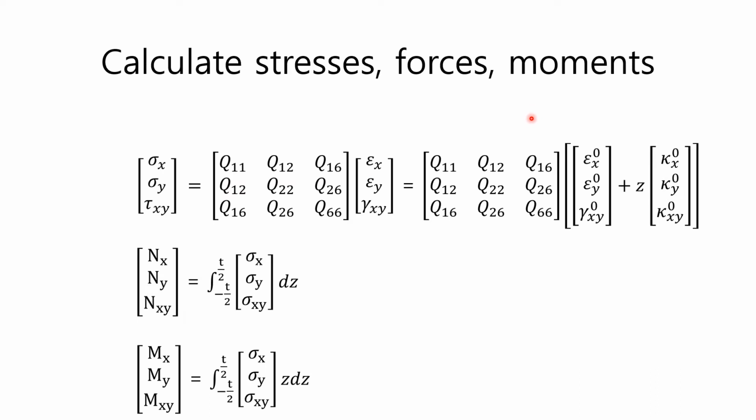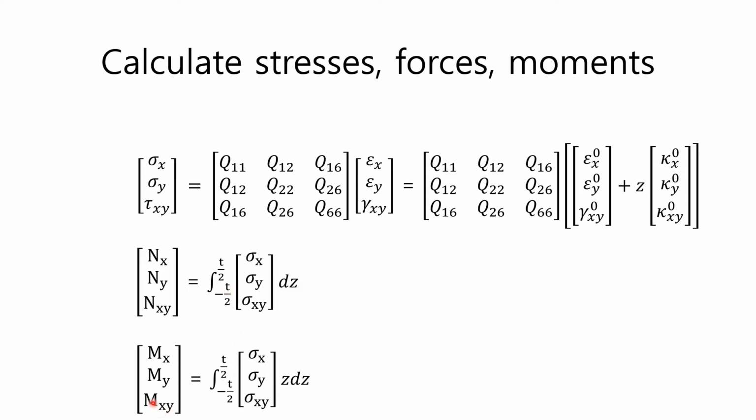Now, we can calculate the stresses of the plate. We have already calculated the strains and the curvatures, and all the elements of the stiffness matrix are composed of Young's modulus and Poisson's ratio known to us already. Forces can be calculated by integration of stresses over the thickness with unit length.